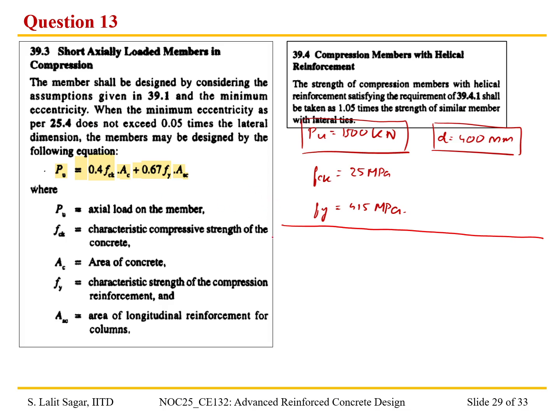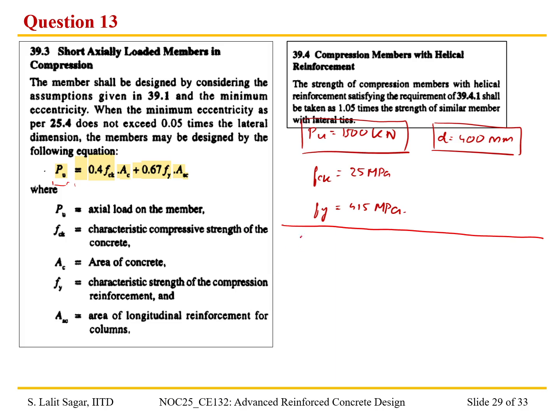Here this is the actual demand, and then we can reduce the area of concrete proportionately, so that it adds up to this particular Pu. Let me clarify that with the example now.